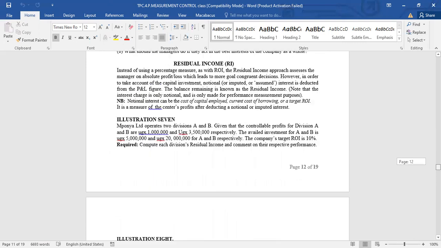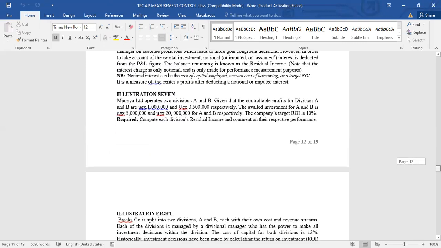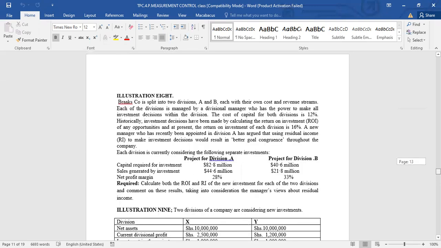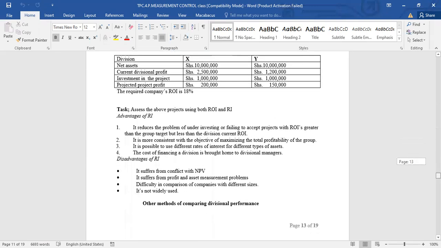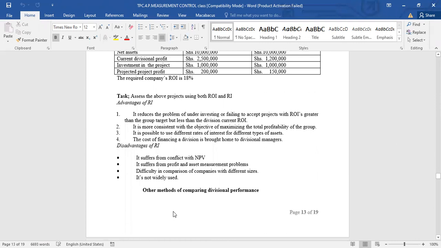Question number 5, I think this is also straightforward. For residual income, I'm interested mainly in the advantages and disadvantages. Advantages of using residual income: it reduces problems of under-investing, or failing to accept projects with return on investment greater than the group target, and it helps with transfer prices, which I will share with you shortly.